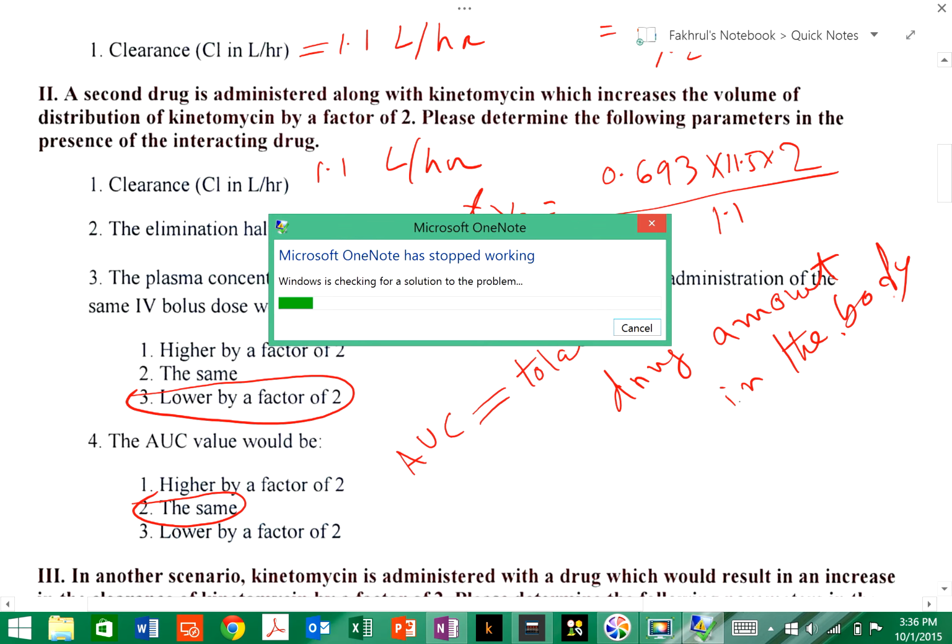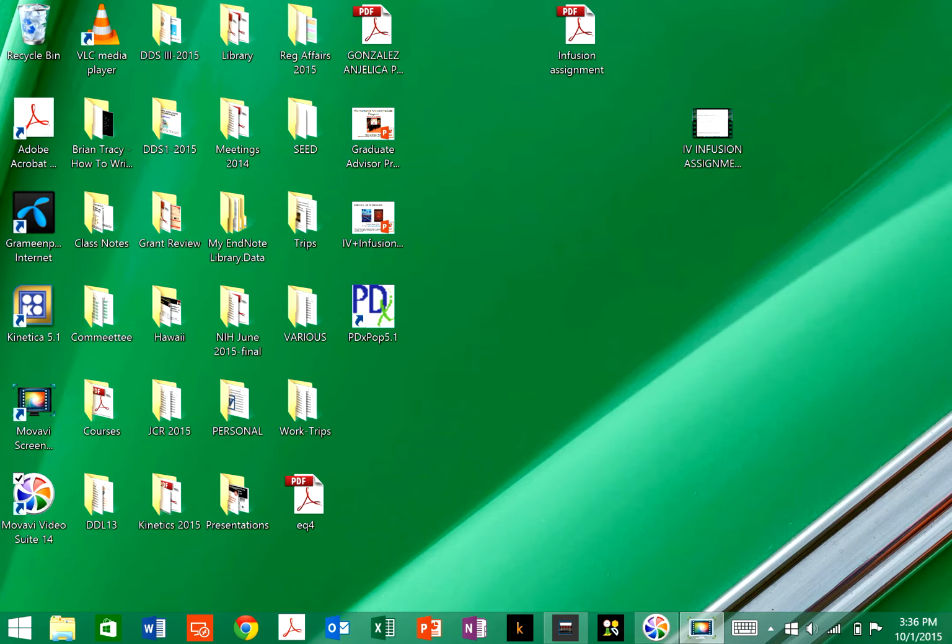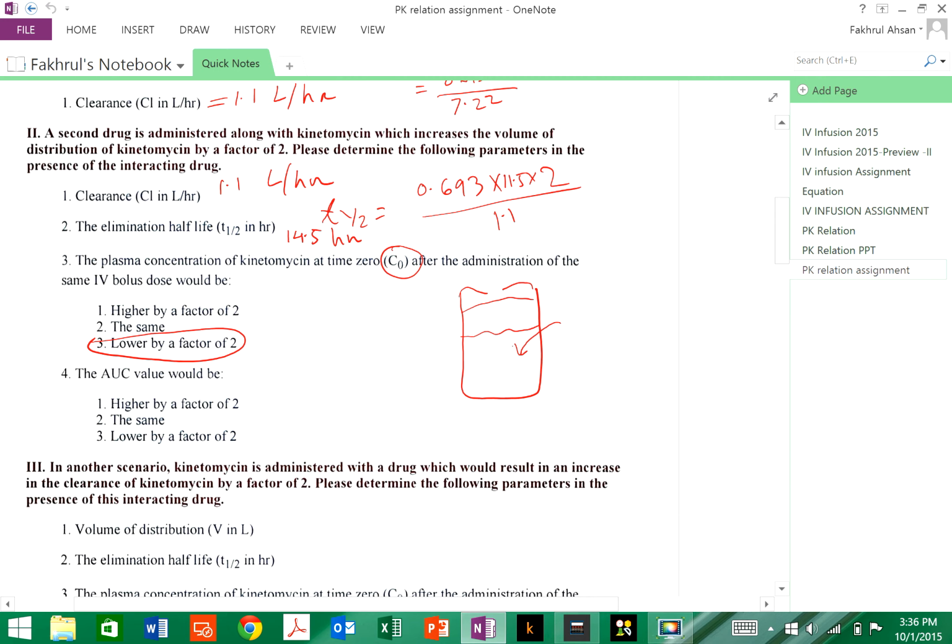So it is not time dependent. I crushed my computer calculation that AUC would decrease by a factor of 2 because volume of distribution has increased. When volume of distribution increases, sorry, what am I talking about.